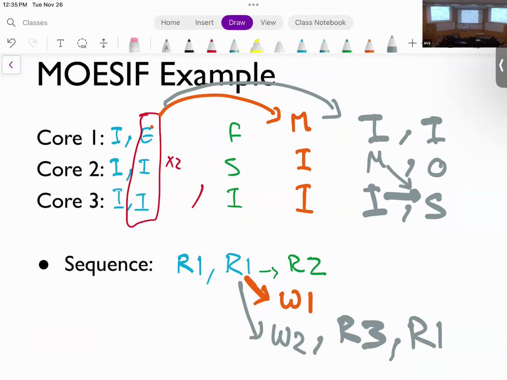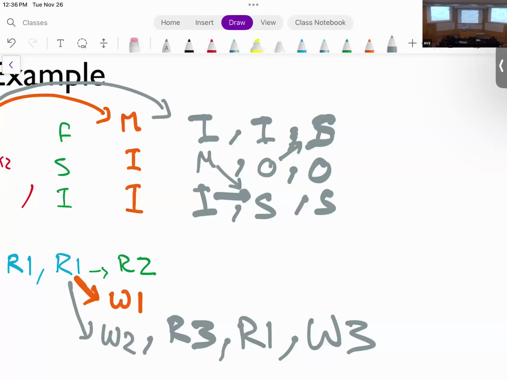And then let's say, for example, what if we have W3 at this point? SOS W3. What should we do? And then do we issue a write back here?